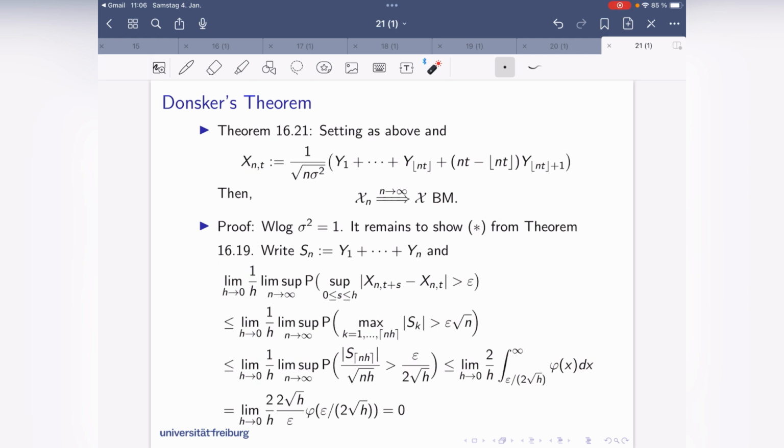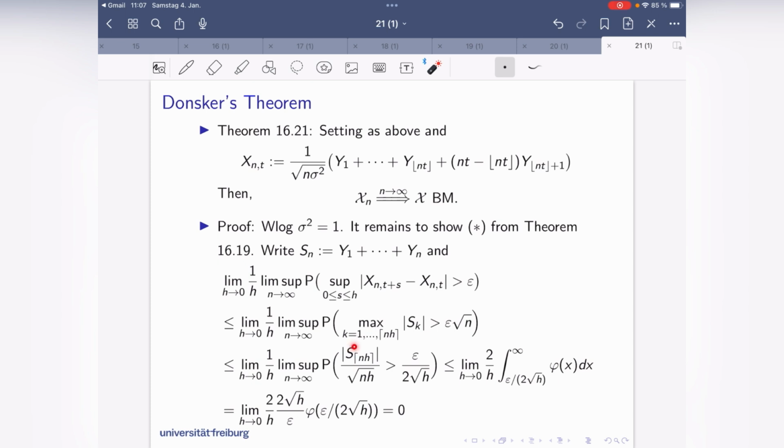As we have seen, this largest jump is not the same, but it's bounded from above, at most, by this maximum of the absolute value of Sk, and this square root of n comes from this square root of n here.